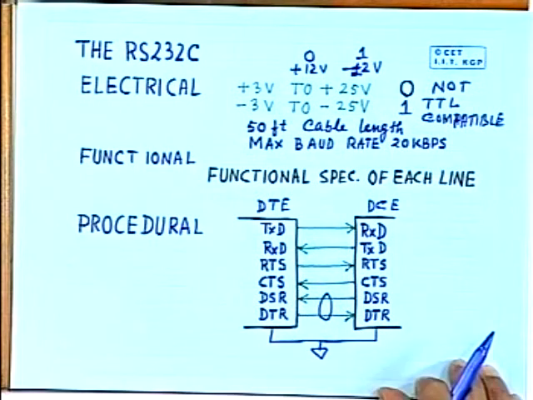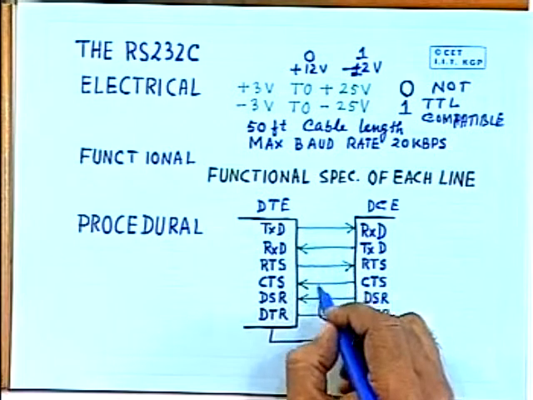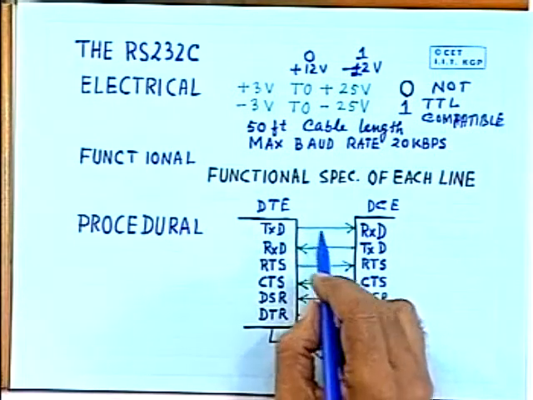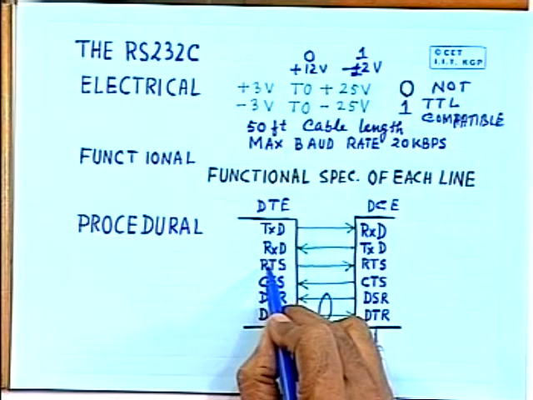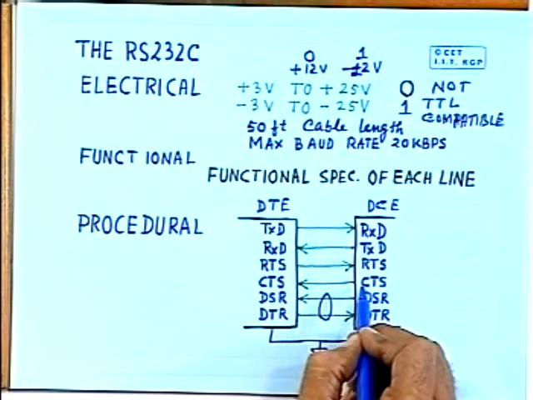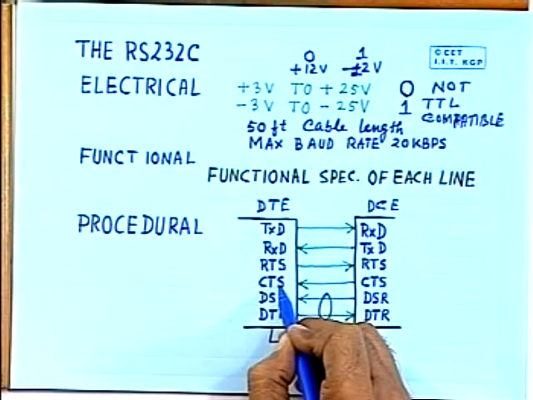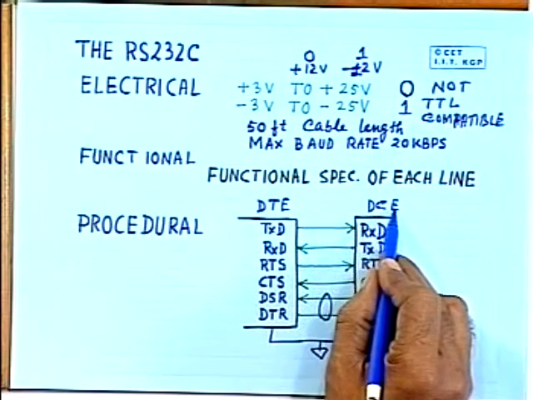or on or not. Then RTS and CTS are used for handshaking, for data transfer between the two. That means the DT will send a request to send to the DC, and only when the clear to send signal comes, then it will send data, one character of data, to the DC.